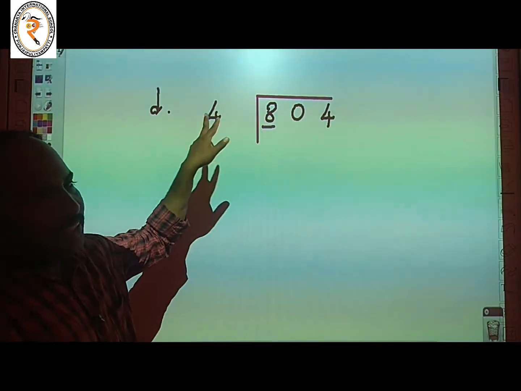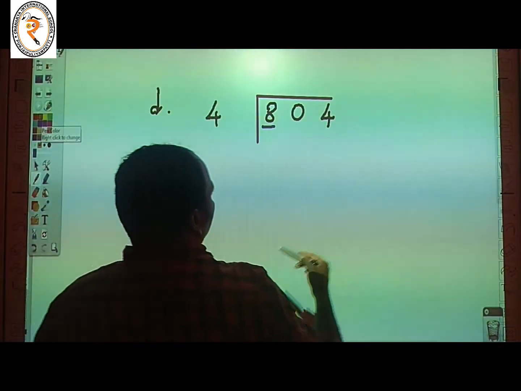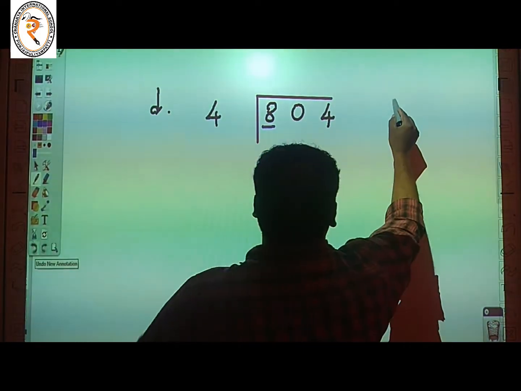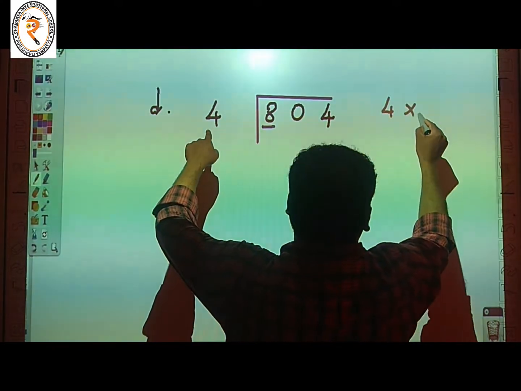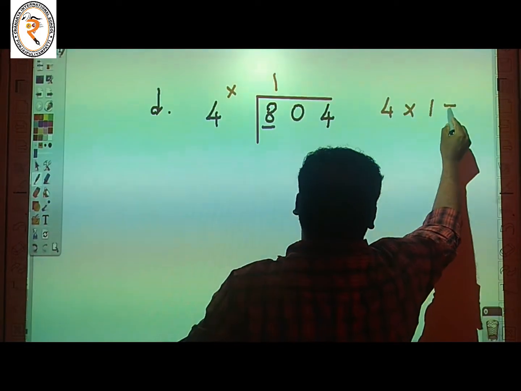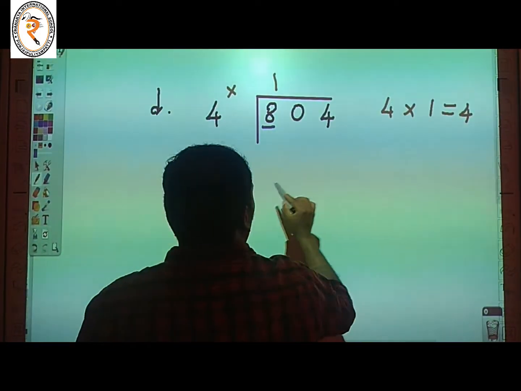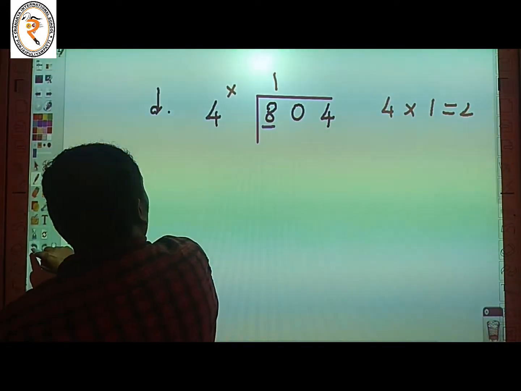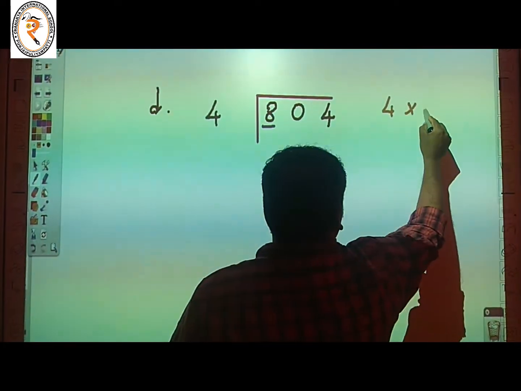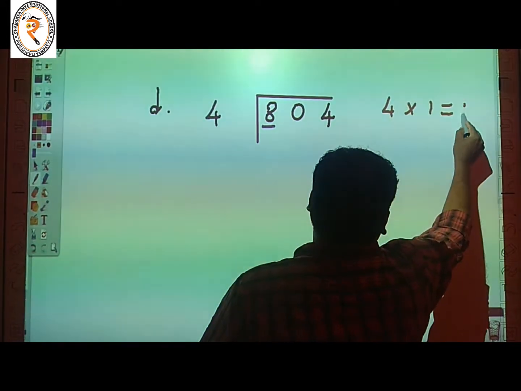The divisor is 4. 4 into 1 is equal to 4.